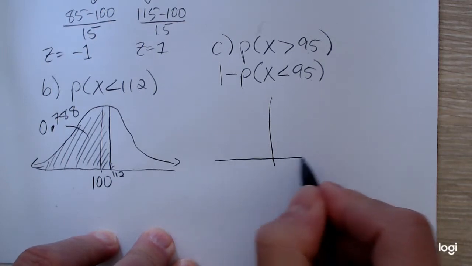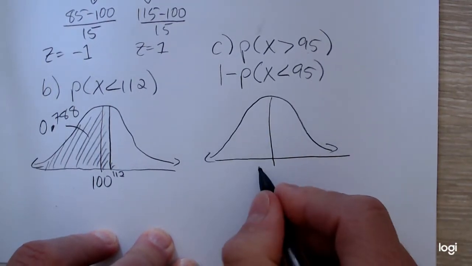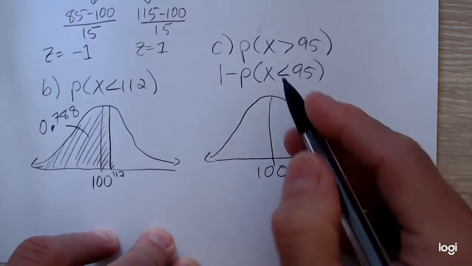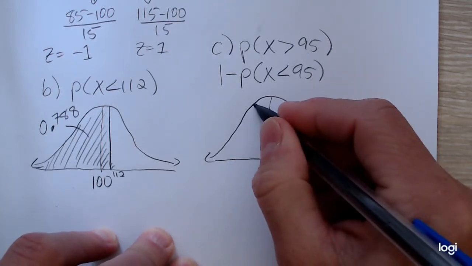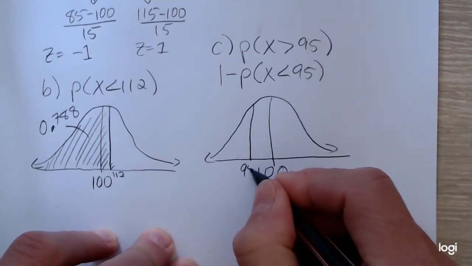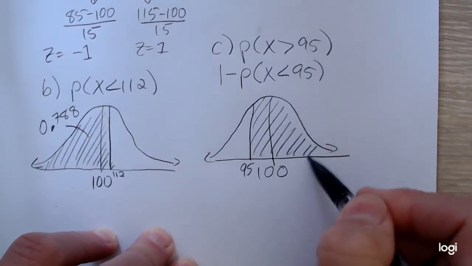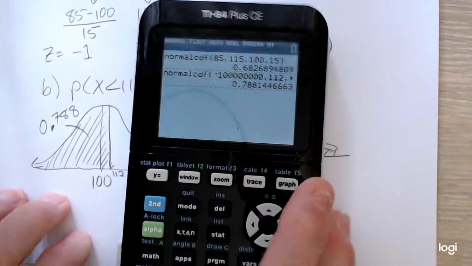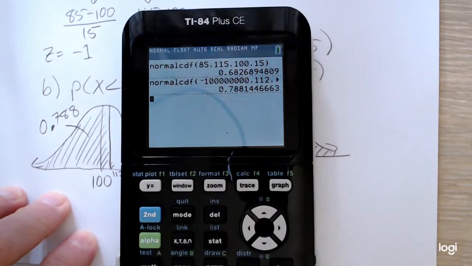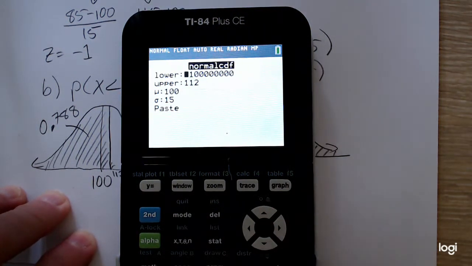Again, drawing a bell curve, something reasonably bell-shaped, putting 100 in the middle, and my x value is 95, and that is below the mean. I want to shade to the right because I have a greater than case. Going to my normal CDF distribution in the calculator, this time I can change my lower bound to 95.